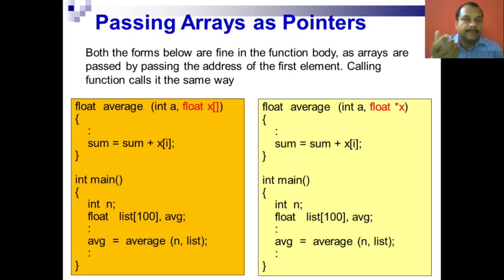But if I have the base address, then similarly to the array declaration, using that base address I can directly access that element. So here is an example. With float x square bracket, I can access x i. Similar to here also, if I write float star x, then I can access x i in that way also.